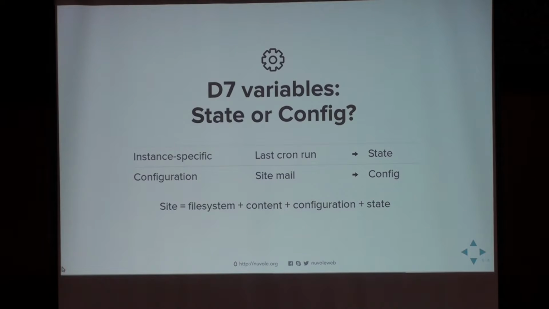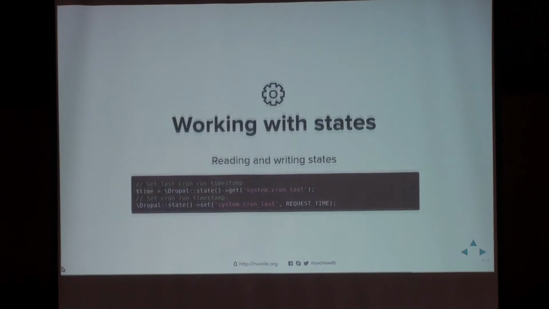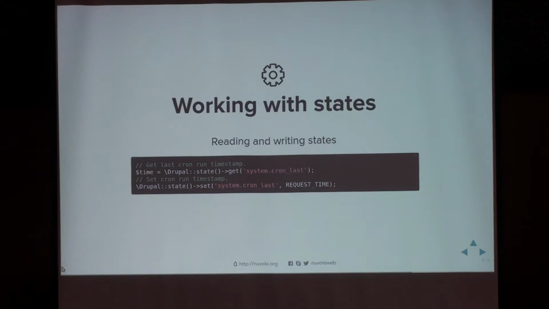The site together is the file system and the content, but also the configuration and state. All of it together makes how the site works and behaves. Working with state is very simple. You can get it and set it by its key, you set it to some value and you get the value back.